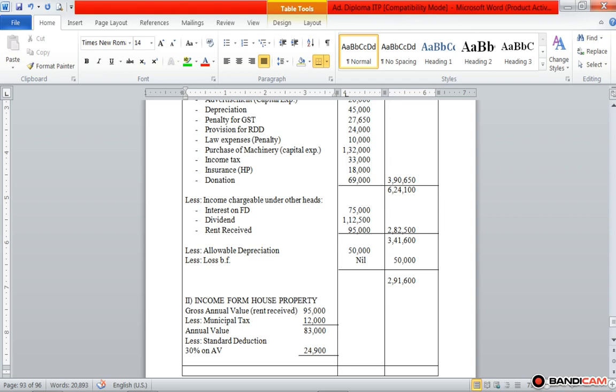Deduct this value from annual value. So here 83,000 minus 24,900, we get income from house property, that is 58,100.